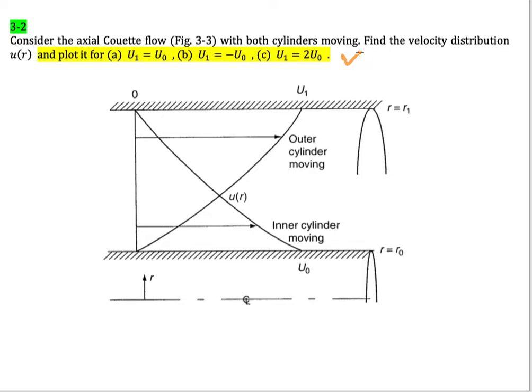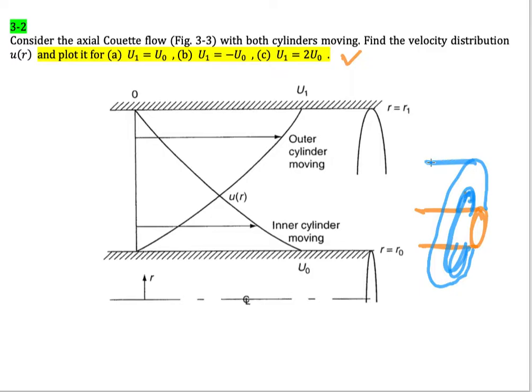Okay, but you need to imagine that we have two cylinders. We have one cylinder here, and inside this cylinder we have another hollow cylinder, like this one. Both of these cylinders are moving. This cylinder also moves, and this cylinder also moves.